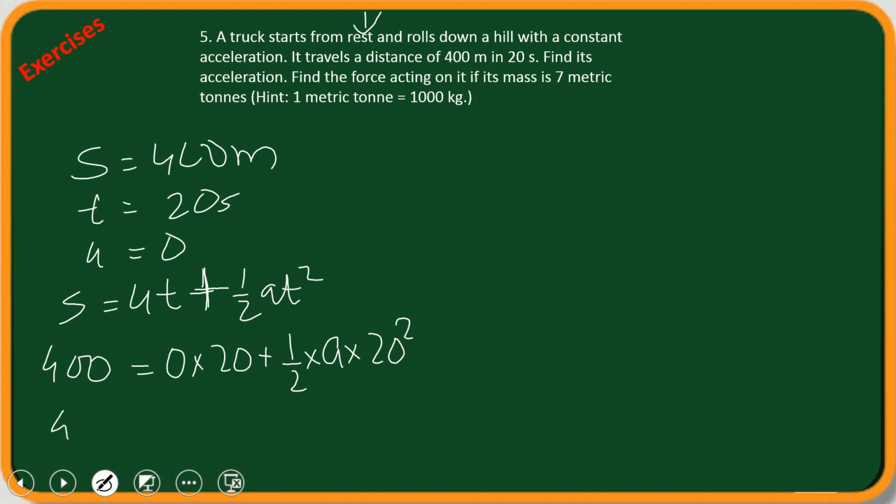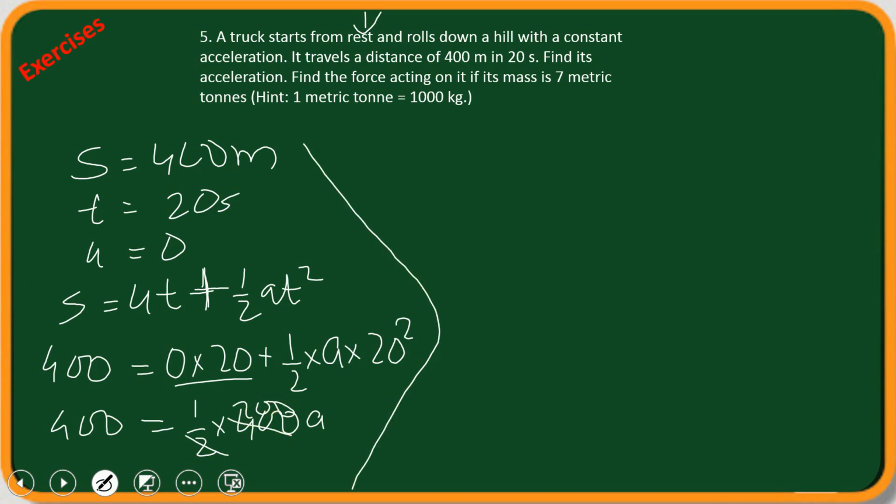That is, 400 is equal to half into 400 into A. Now again it cancels, it will become 200. Correct? So A is equal to 400 upon 200, which is equal to 2 meter per second square. So you got the acceleration is 2 meter per second square.